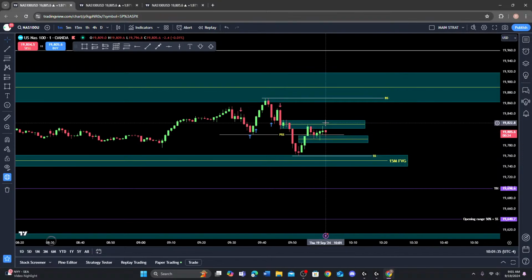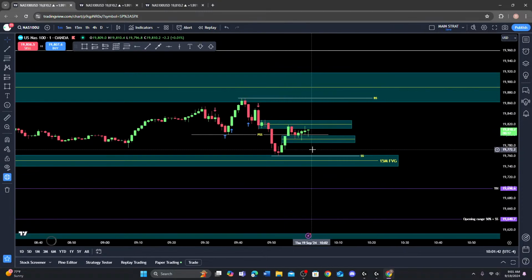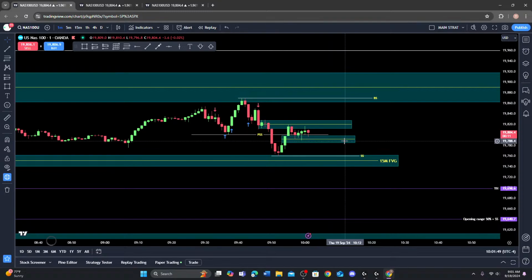Alright, so we're just kind of ranging between these two PD arrays. Price is a little confused. No, I'm joking. It's not confused. It's just going back and forth in between the two.